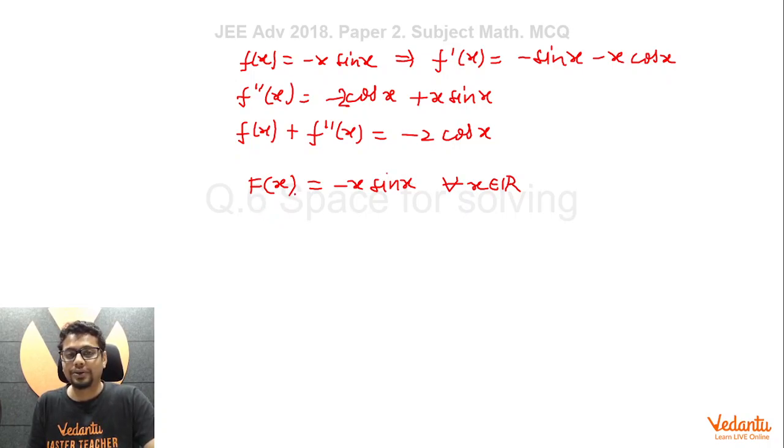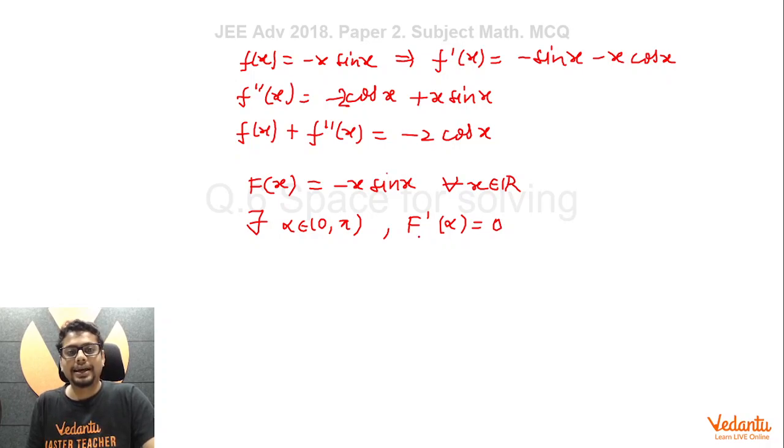Capital F of 0 is 0, capital F of pi is also 0 because sine pi is 0, and it is continuous and differentiable everywhere. So you may say there exists some alpha in this interval 0 open to pi open for which capital F prime alpha equals 0, using Rolle's theorem.